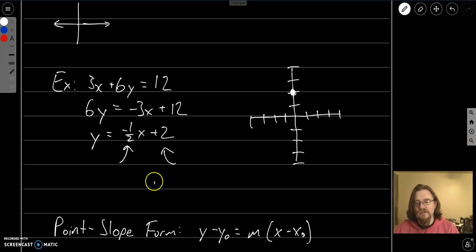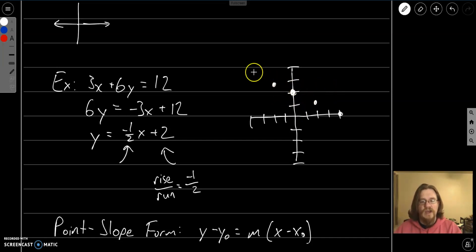So again, rise over run. We can think of this as being negative 1 over 2. So we're going to go down 1 every time we go over 2. Down 1 over 2. If we're coming from over here, down 1 over 2 would land us right there. So we have our straight line coming down just like that.